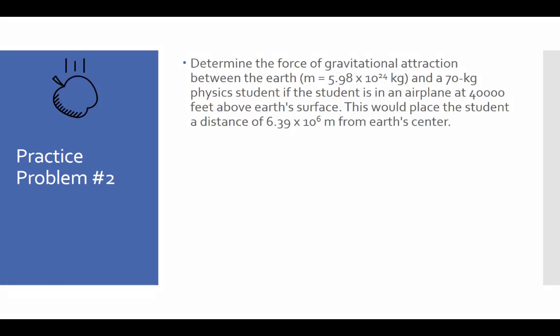Okay, so go ahead and set this up. See what you can go ahead and do. If you need that equation again, F equals the gravitational constant m1 m2 over r squared. All right, so pause the video here, give that a try, and then we'll go ahead and take a look at your answer.